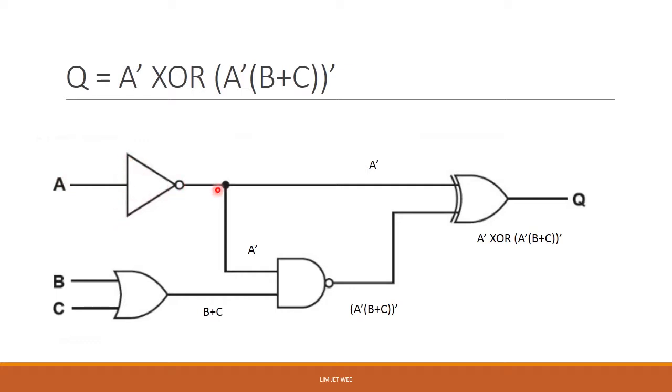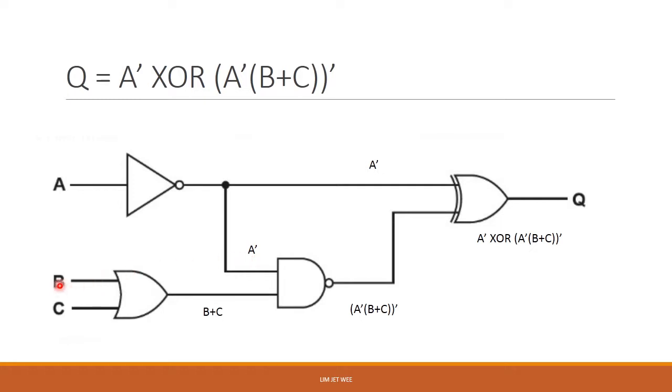So what comes out is A NOT, or NOT A, or A bar, depending on whatever your preferred jargon is. Since this is a connector, both sides, whether it is the down or the top, are the same. So it is NOT A. This part is done.